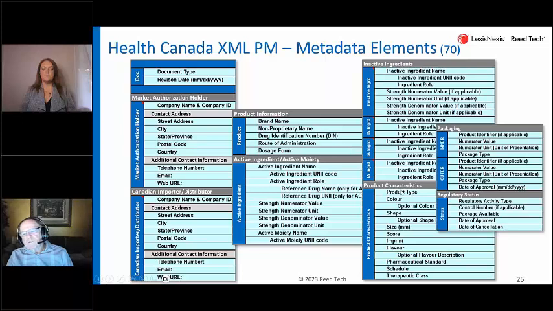So there's a number of elements there, roughly 70, that you'll need to come up with: inactive ingredients, active ingredients, the strength, the dosage form, information about the market holder, and so on. But that needs to be collected. That'll be brand new for those that are moving to XML product monograph for the first time.